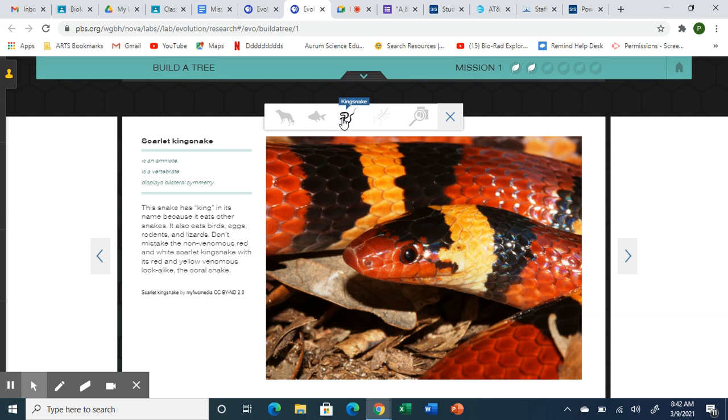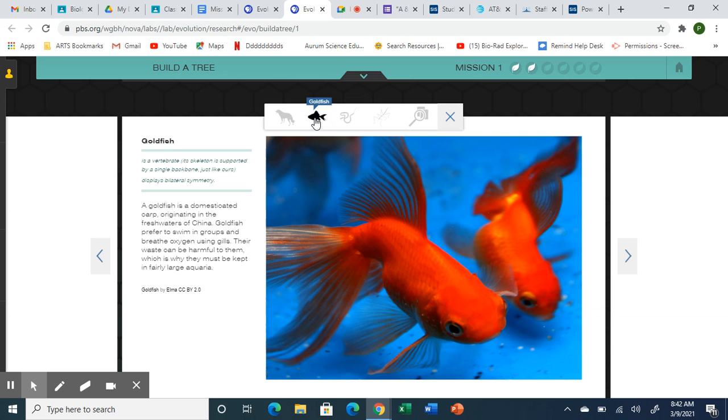This snake has king in its name because it eats other snakes. It also eats birds, eggs, rodents, and lizards. Don't mistake the non-venomous red and white king snake with the red and yellow king snake. Interesting.